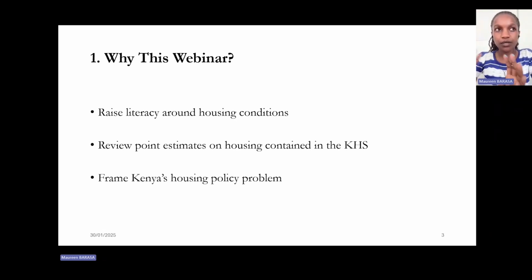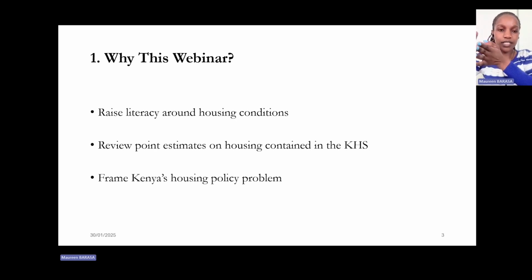According to the data provided in these reports on the Kenya Housing Survey for 2023-24, they've done a bit of demographic and economic characteristics, different forms of tenancy and home ownership, as well as different amenities around the housing issue. And also we'll be looking at reviewing the point estimates.